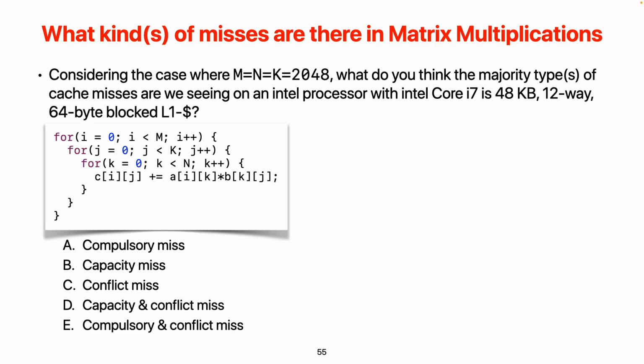Oh, well, BK, you're accessing it column wise. So it'll be 2048 for BKJ times cache line is 8.